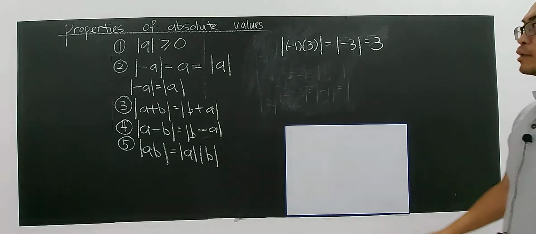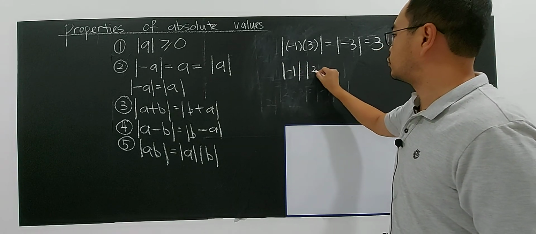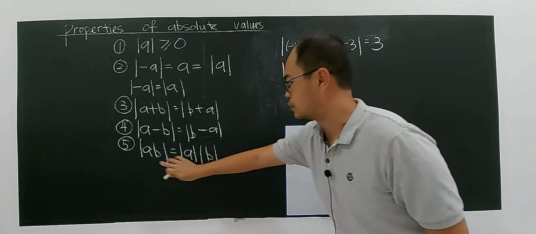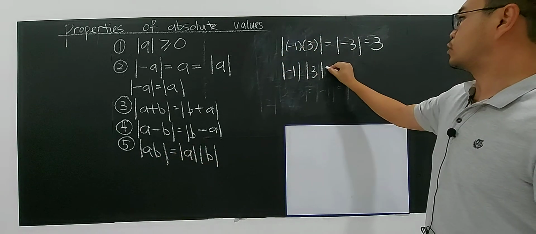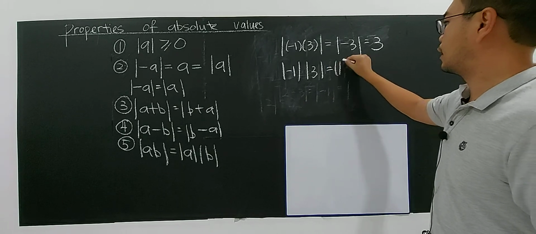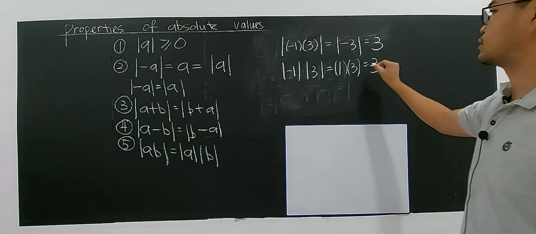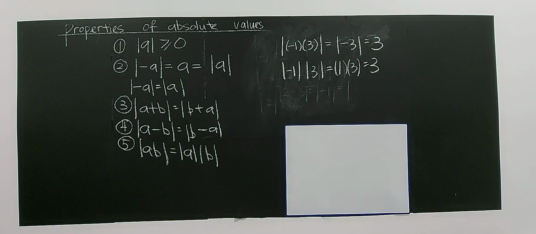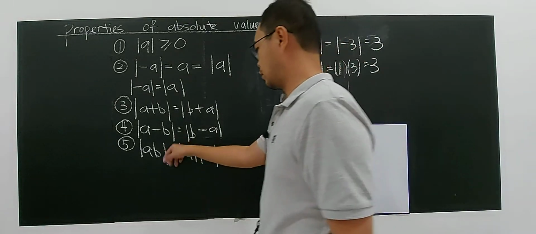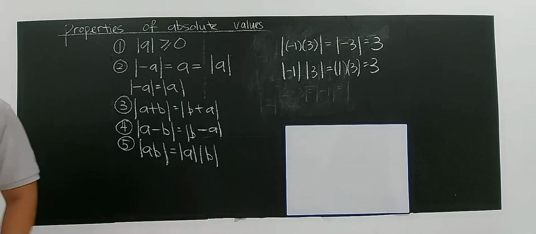If I separate it into negative 1 and 3, just like a and b, the modulus of negative 1 gives you 1, and the modulus of 3 gives you 3. So you still have the same result, 3. That's why we conclude that the modulus of ab is the same as the product of the moduli of the respective values.